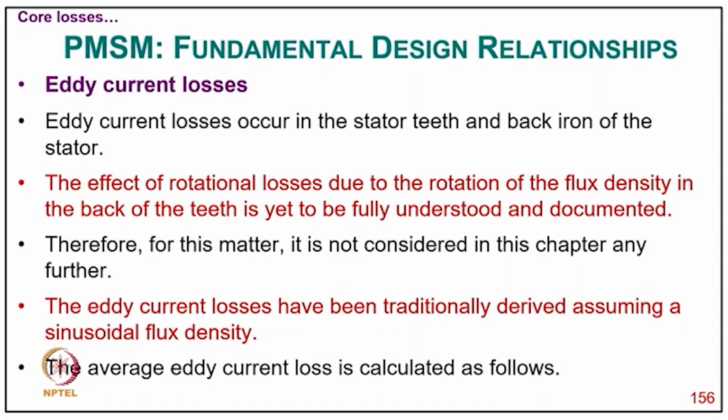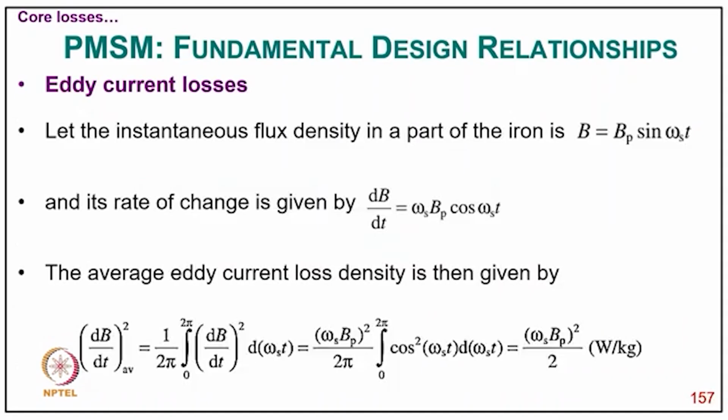The eddy current losses have been traditionally derived assuming a sinusoidal flux density, and the average eddy current loss is calculated as follows. Let the instantaneous flux density in the iron B equal B_p sin omega_s t, and its rate of change is given as dB/dt equal to omega_s B_p cos omega_s t.